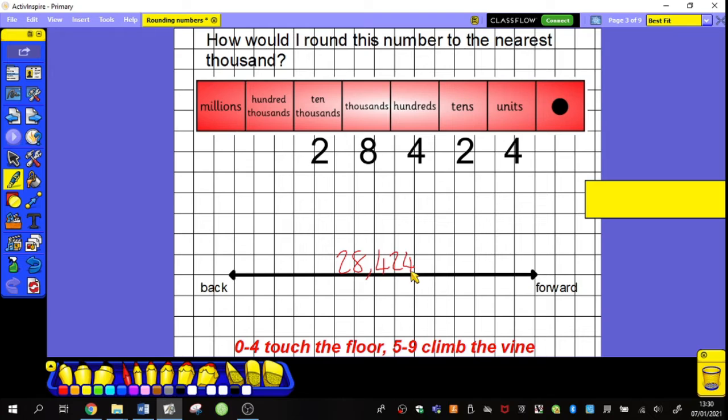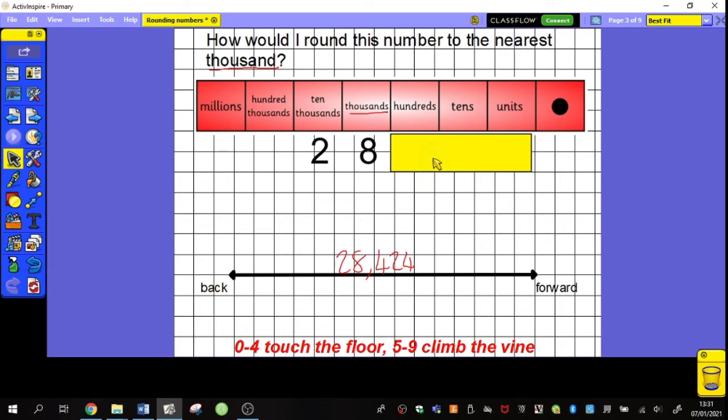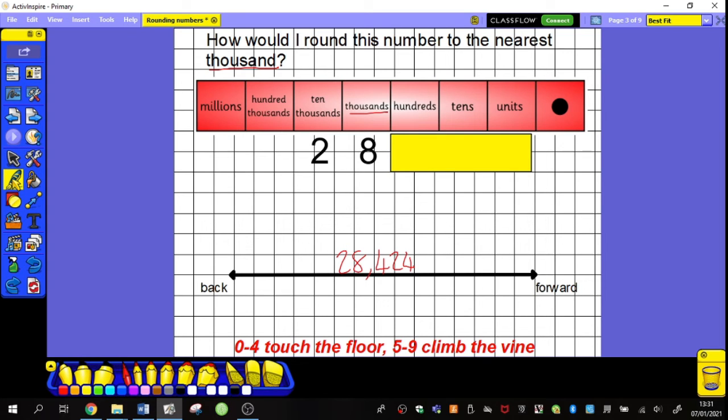Now, my question says to the nearest 1000. Okay. So, to find my nearest multiple of 1000, if I was to count back on my number line, the best way I'm going to do is remove everything after the thousands column. Now I'm not going to be counting back to 28 because that's not what it says.